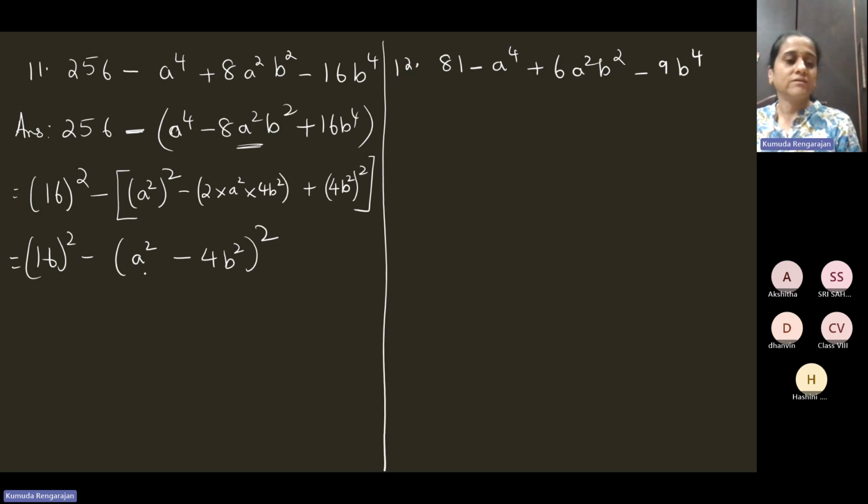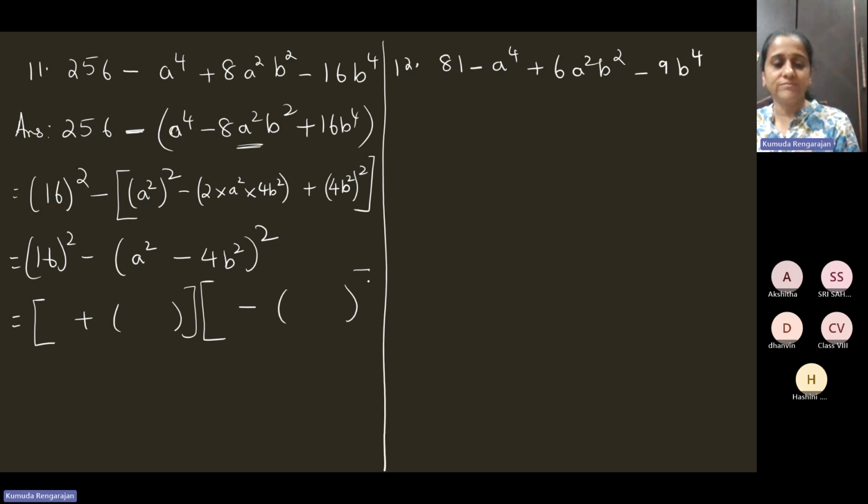correct? Now this is a squared minus b squared, which is a plus b into a minus b. What is a? 16. What's b?